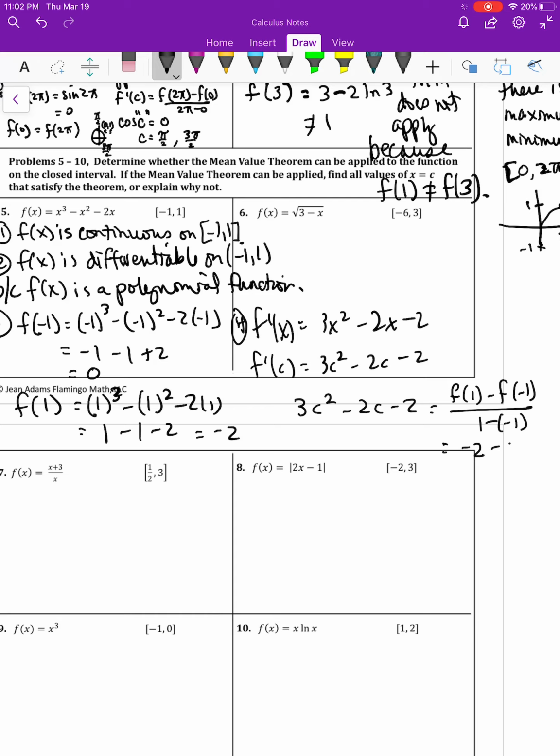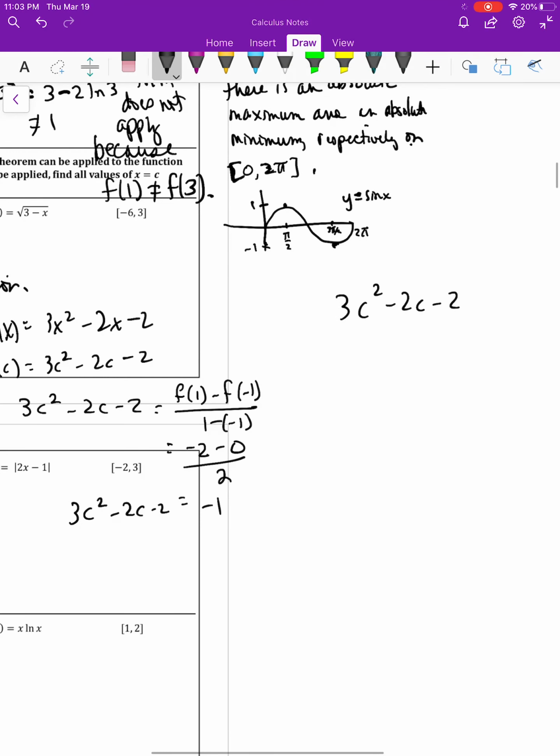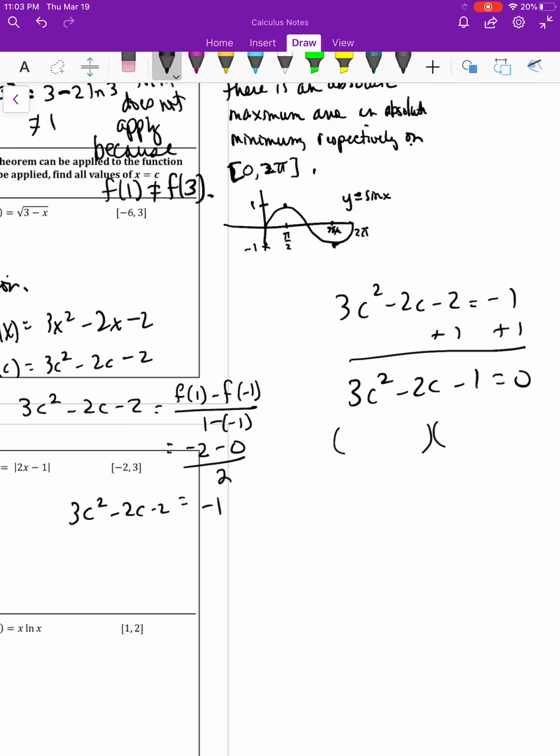We said that f of 1 was negative 2 minus 0, f of negative 1 was 0, divided by 1 plus 1. So this gives me negative 1. So I've got 3c squared minus 2c minus 2 equals negative 1. I'm going to add 1 to both sides. 3c squared minus 2c minus 1 equals 0.